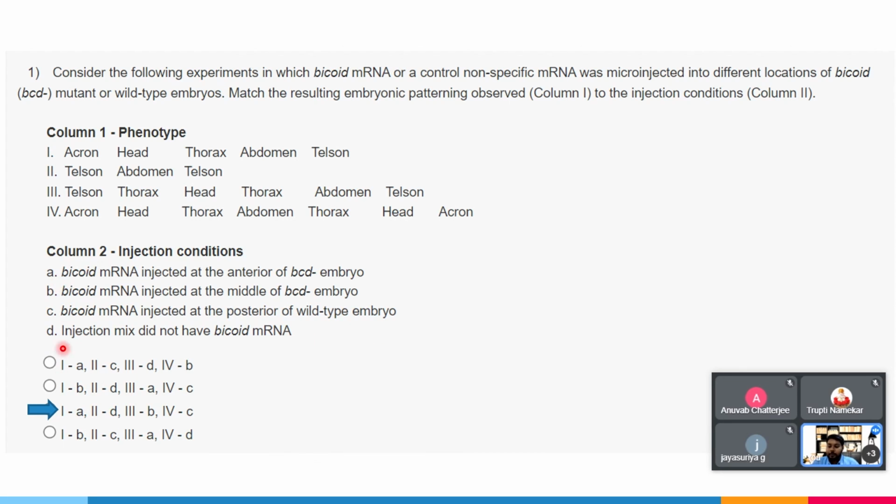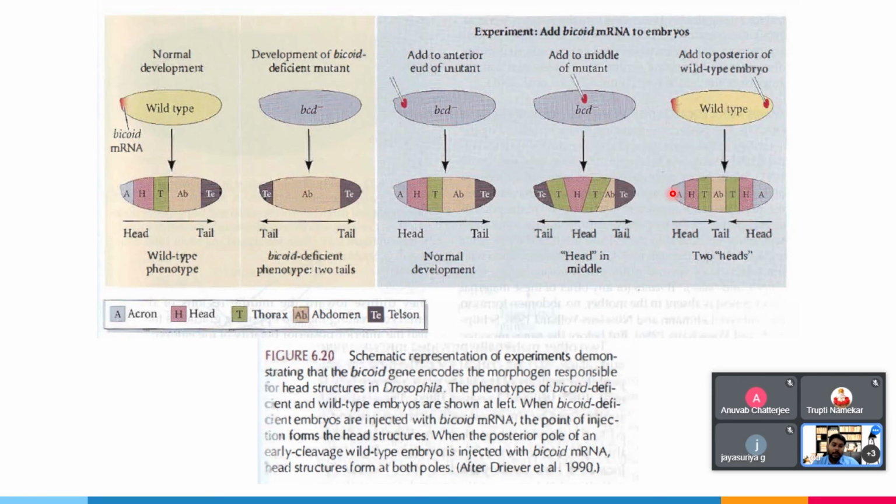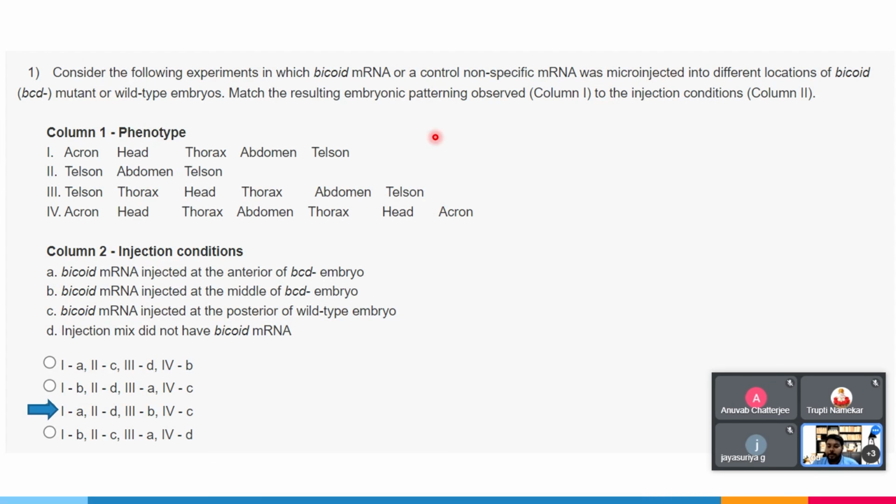So we have 1 is A, 2 is D, 3 is telson, thorax, head, thorax, abdomen, telson. So we have 2 tails and the middle portion has head structures. This is when bicoid mRNA is added to the middle of the bicoid deficient embryos. So 3 is B.